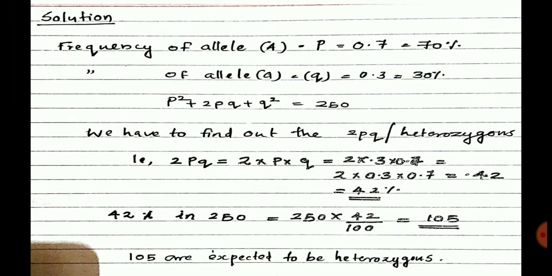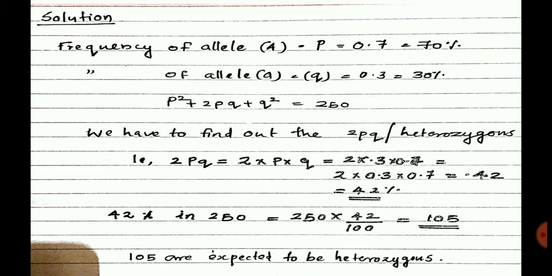For the Hardy-Weinberg equilibrium, what is the equation? p square plus 2pq plus q square is equal to 1 is the Hardy-Weinberg equation. Frequency of allele A is here 0.7, that is 70% of allele A, and small letter a is 0.3, that is 30%.